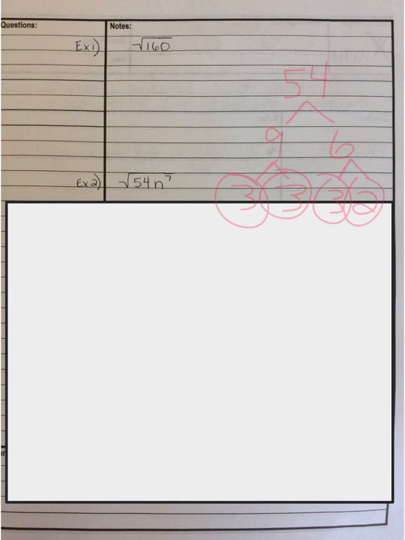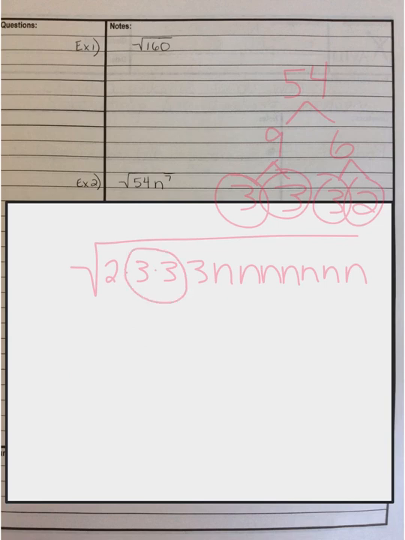Let's go ahead and write this out. I always put them in order by value: 2 times 3 times 3 times 3, and we have 7 n's. We're looking for perfect squares. Well, 3 times 3 is 9, so we know that is a perfect square because the square root of 9 is 3.